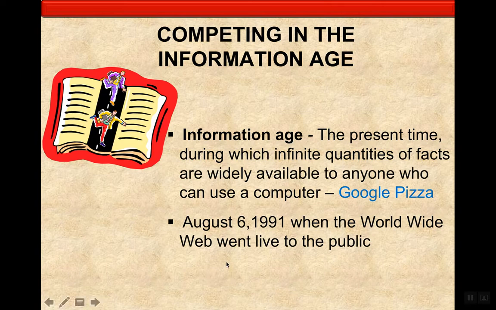The World Wide Web only came online in '91, so we're talking about something that's not quite 30 years old. It'll hit 30 in another 2 or 3 years, but it's not a necessarily long period of time. Yet you can divide the world into the before and the after of the web.